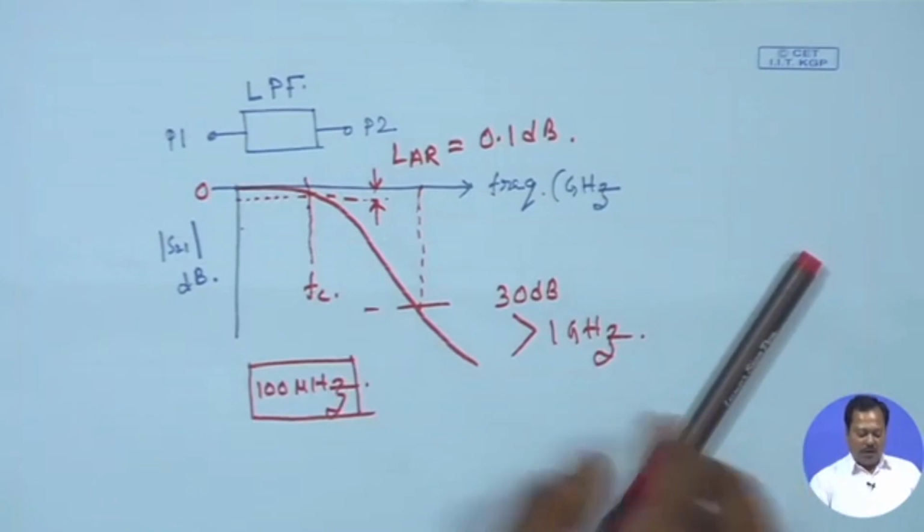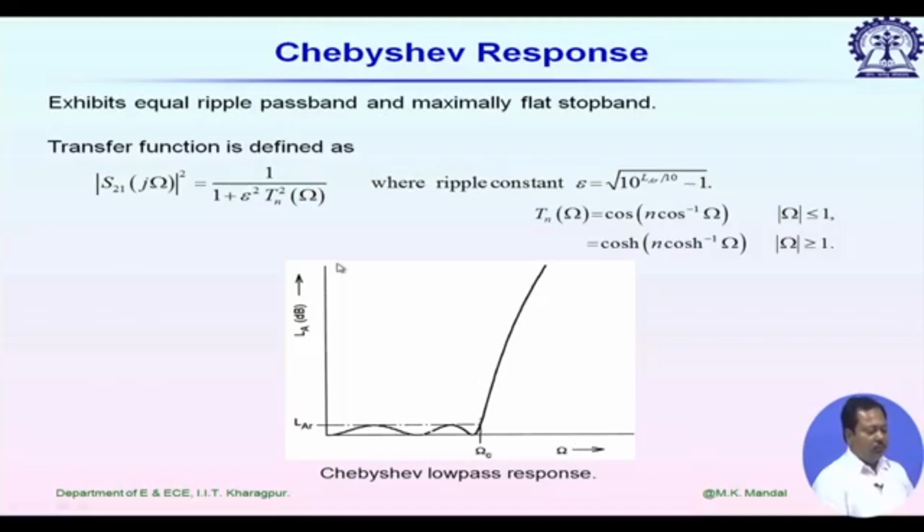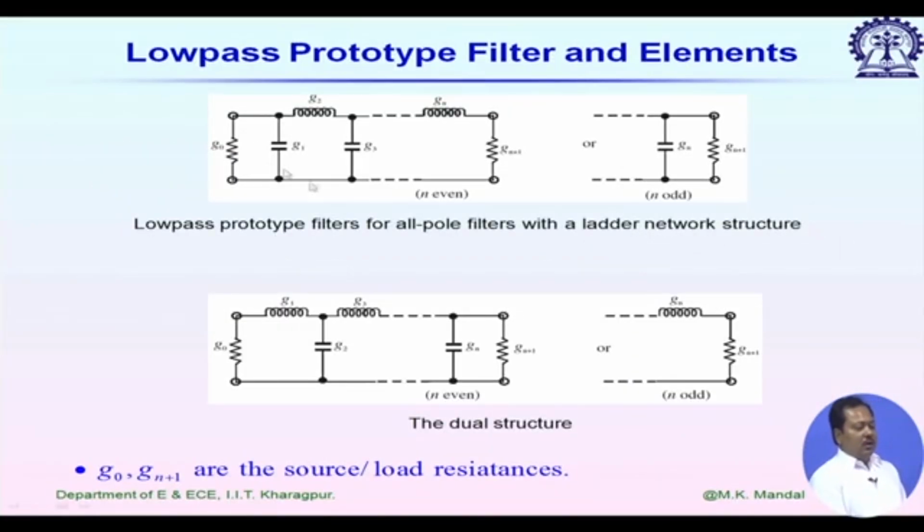So, now let us go back. You see in these low pass prototype filters, if I use one single pi section, obviously attenuation will vary slowly.